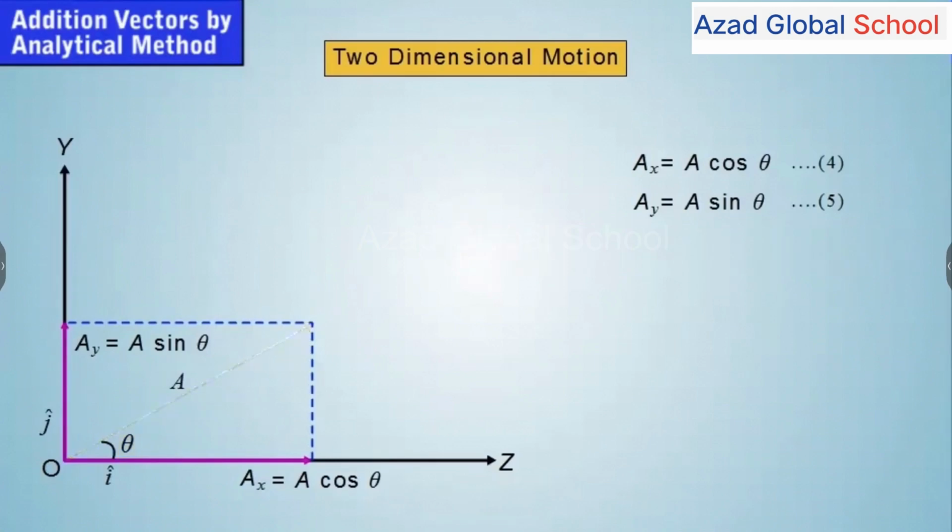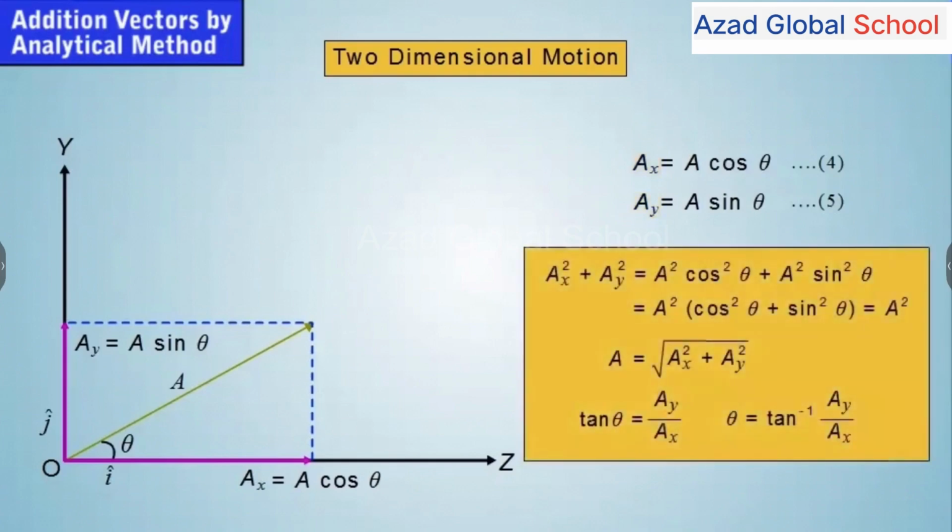A can be specified by its magnitude and theta, or its two components, Ax and Ay. Let A and theta be given, then Ax and Ay can be determined using equations 4 and 5. When Ax and Ay are given, you can find A and theta as shown here.